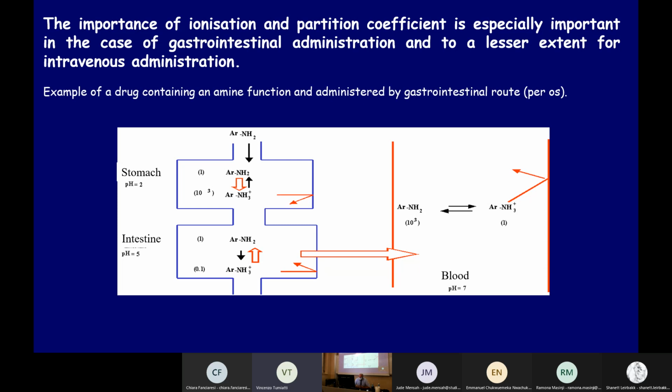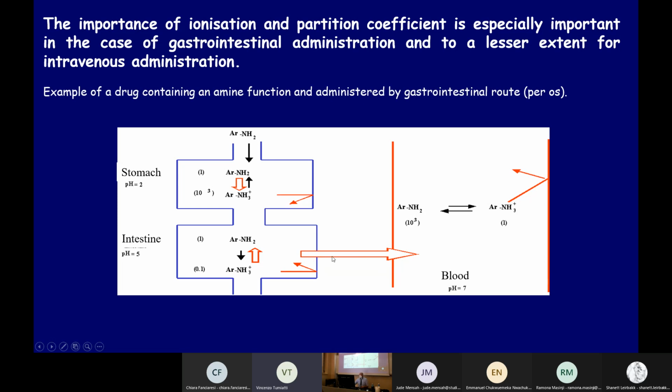And the charged form is not able to cross, you see the arrow, to be absorbed in the stomach. So this basic compound will be absorbed in the intestine, where the pH value is 5. In this case, you see this big arrow, big absorption.